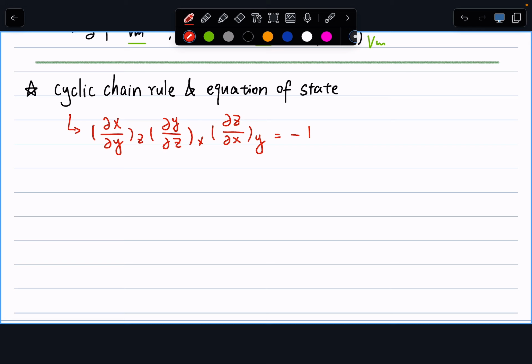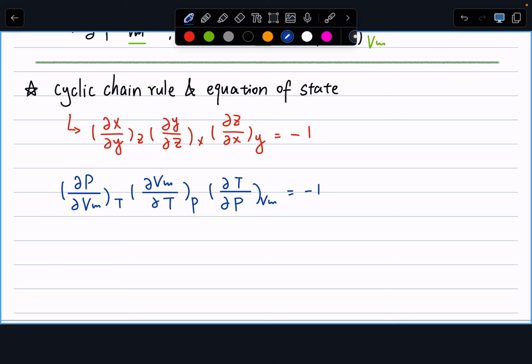So the 3 variables we have are the molar volume, pressure, and temperature. So we can rewrite the cyclic chain rule using our 3 variables. So that becomes dP over dVm at constant T, dVm over dT at constant P, and dT over dP at constant Vm.